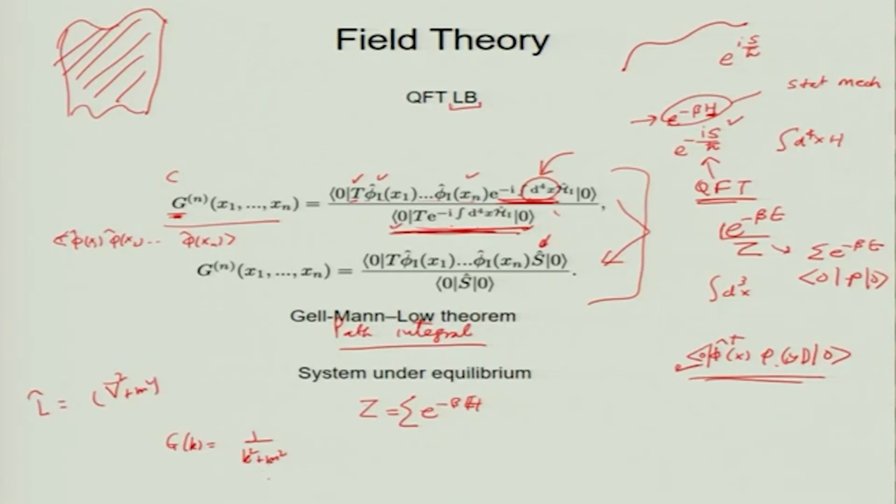For that the Green's function is this. Okay, yes or no? Yes, and this is the same as phi k phi minus k. This I will show you explicitly. Okay, but the general proof is in the Gell-Mann–Low theorem. The general proof is more complicated, but we can show that for a free field this will work.